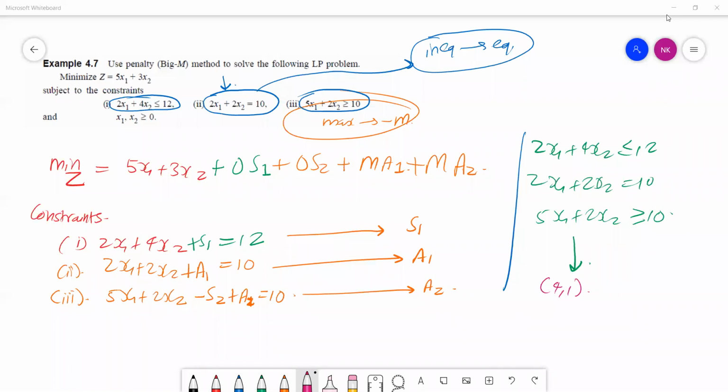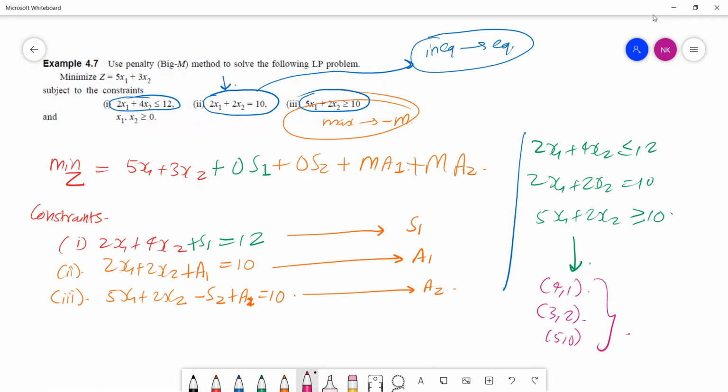Okay, 3 comma 2 is another. 5 comma 0 is another. Okay, I haven't checked it, so you can just check it. Okay, let's go with these 3 types of answers.